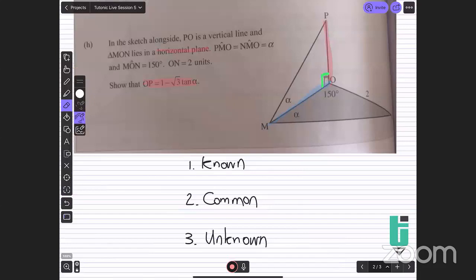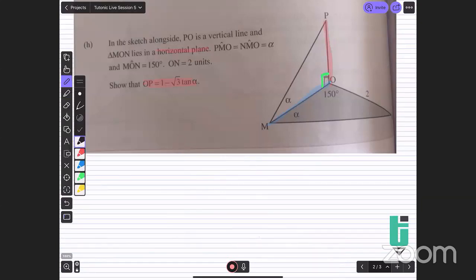So that's why we're going to use OM, because OM is common. So OP and OM, those are opposite and adjacent. So which ratio? Opposite and adjacent. Tan.